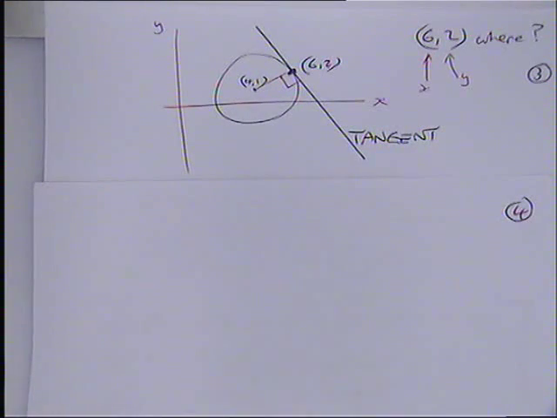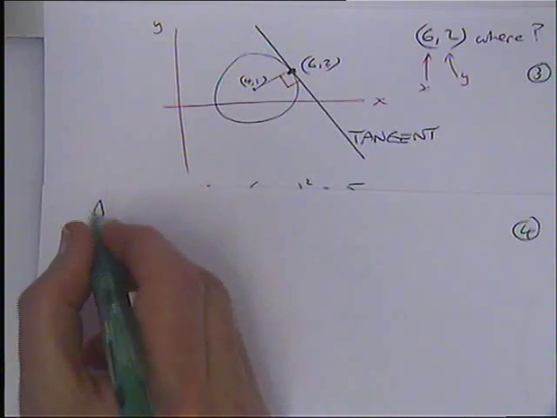So, I need to find the equation of my black line. Any ideas on what I can do, how I can do that? Anybody else, any ideas? What do I need for an equation of a straight line? Gradient and y-intercept.